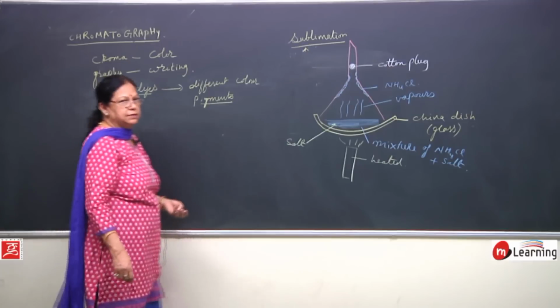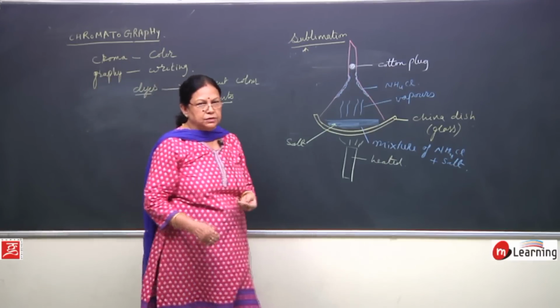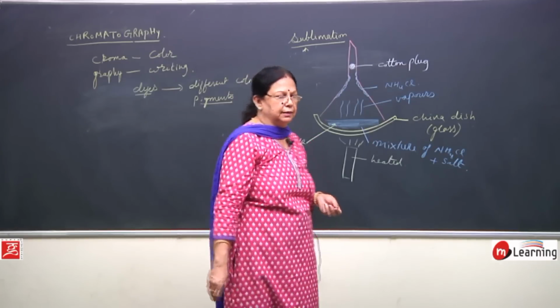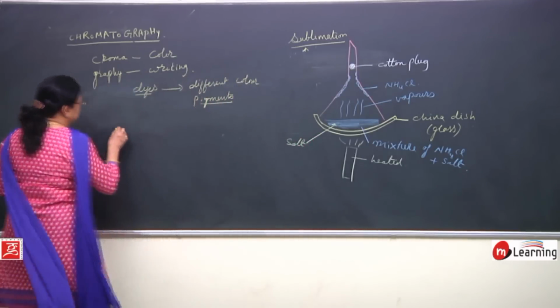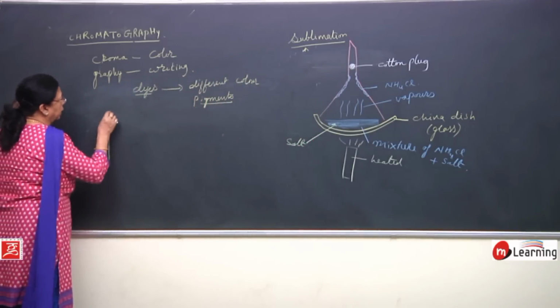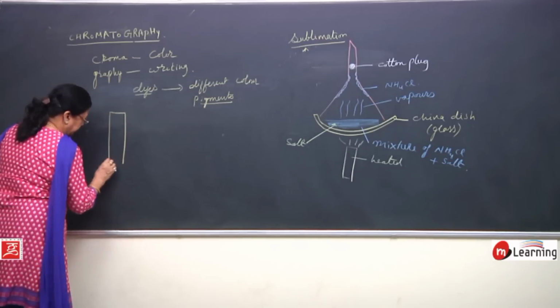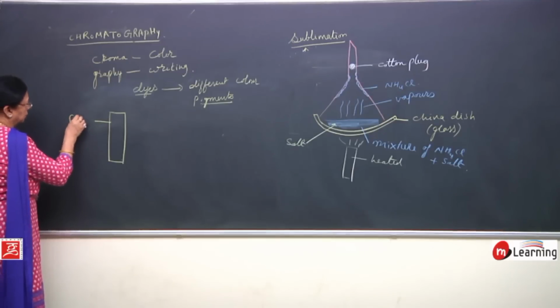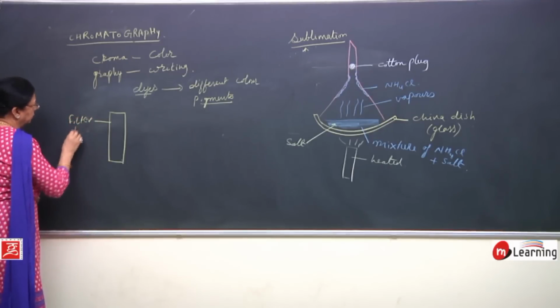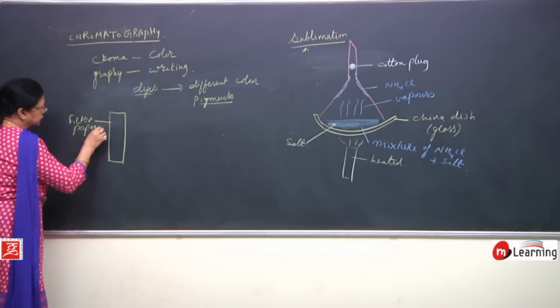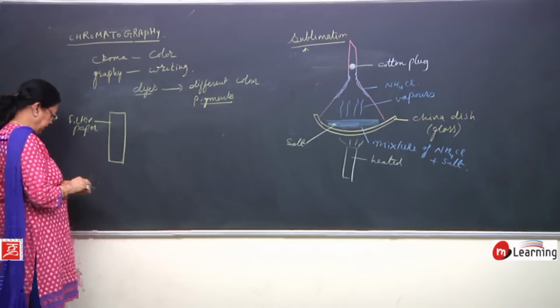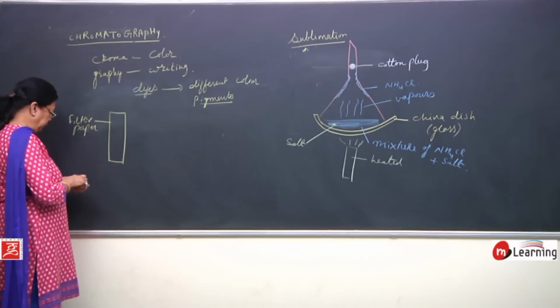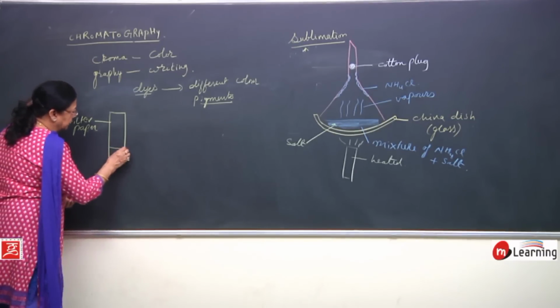So, what is done here? A strip of filter paper is taken. This is the strip of filter paper. On that strip a line is drawn with pencil.